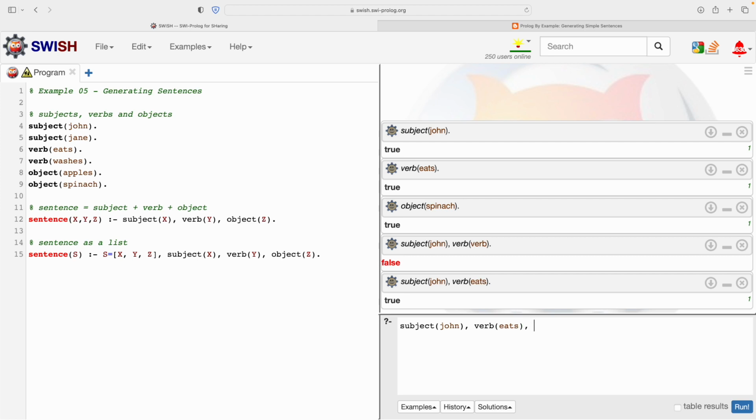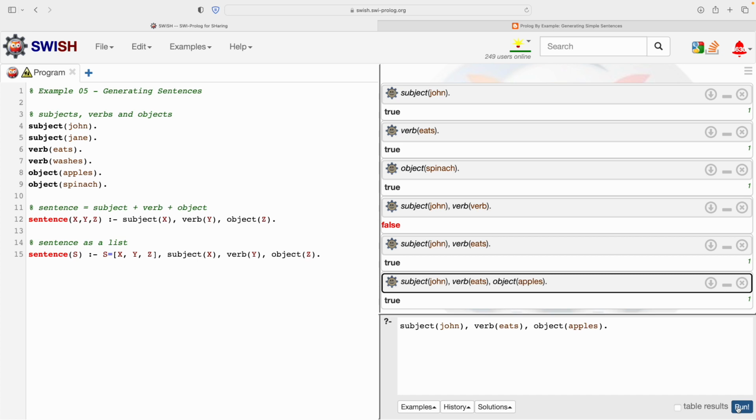And we can extend that here to say, is apples an object? So this is a query which is asking, are all three of these things true at the same time? Is John a subject? Is eats a verb? Is apples an object? And rather than testing all three at the same time, this rule combines that test into this property called sentence.